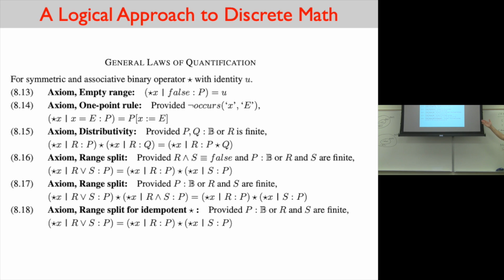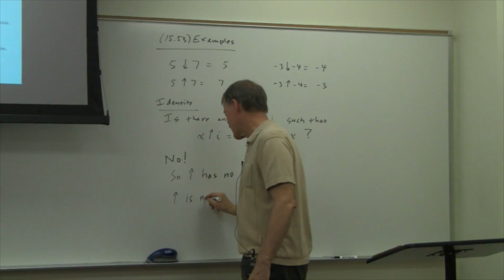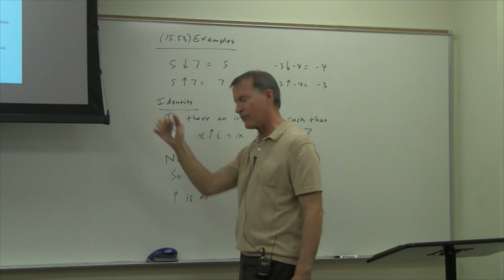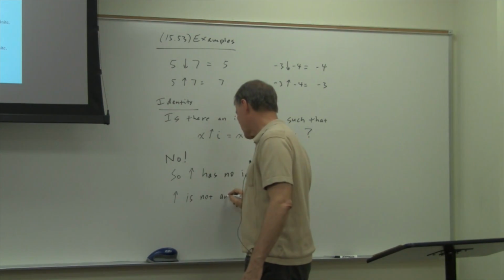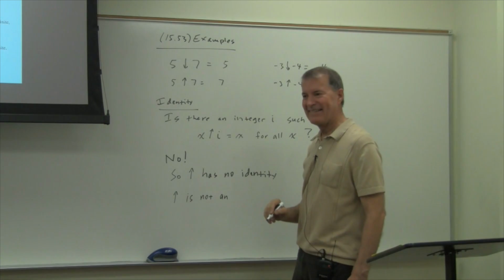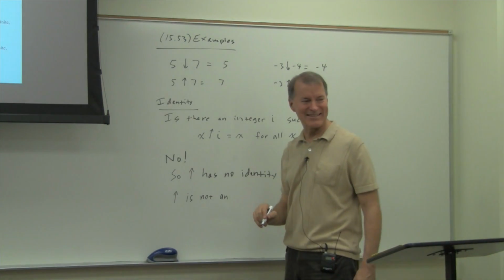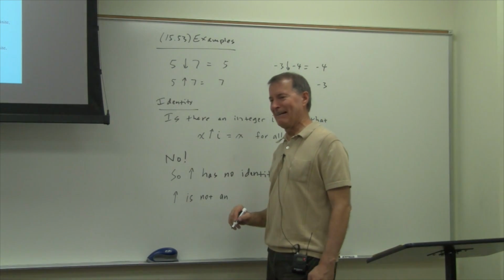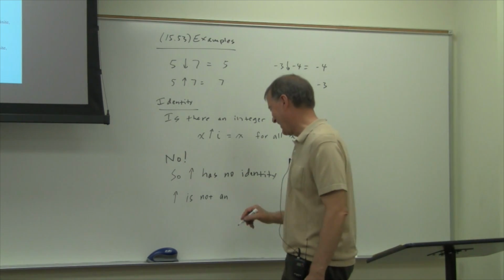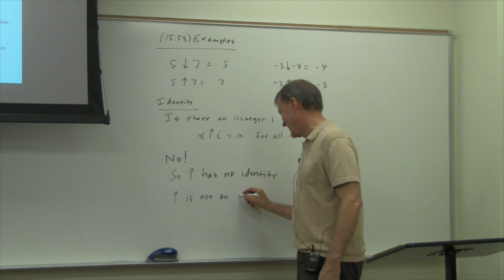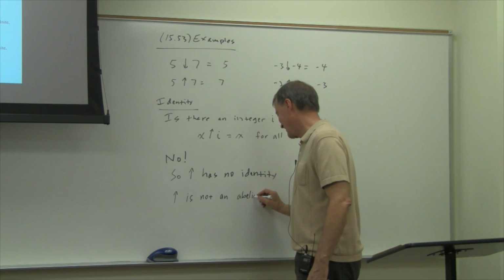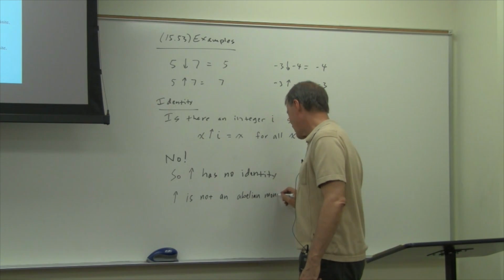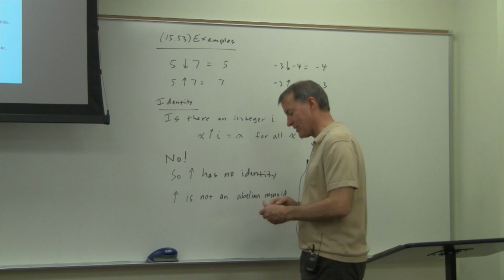What does it have to be in order to quantify? It starts with an A. It's an abelian monoid. It's not an abelian monoid.